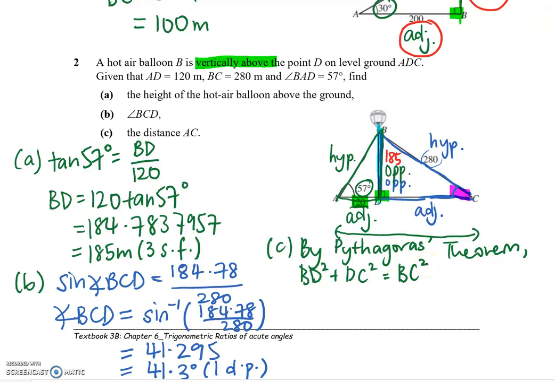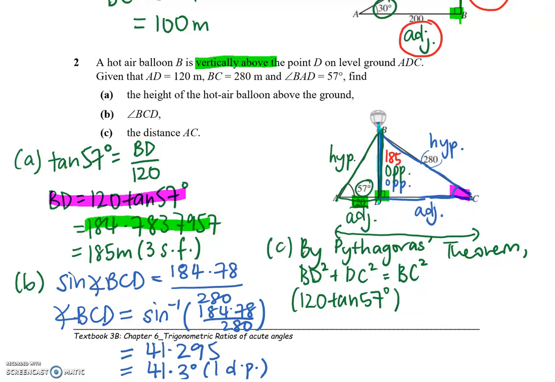Let's do the substitution. BD was originally 120 tangent 57 degrees, so I'm going to write that down. This is of course the most accurate value. You can also use this one over here, 184.78379957.